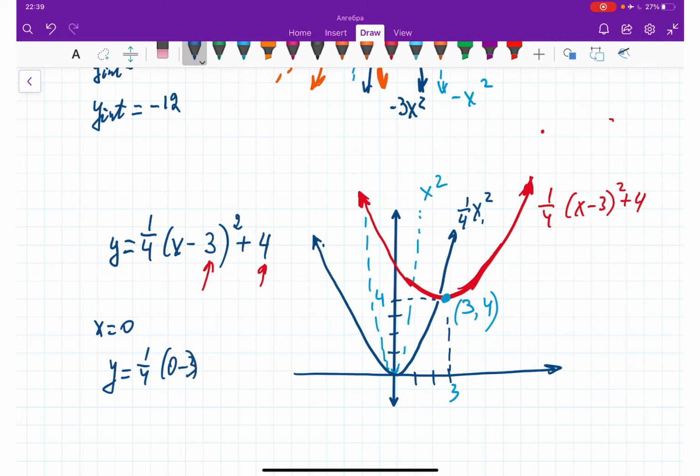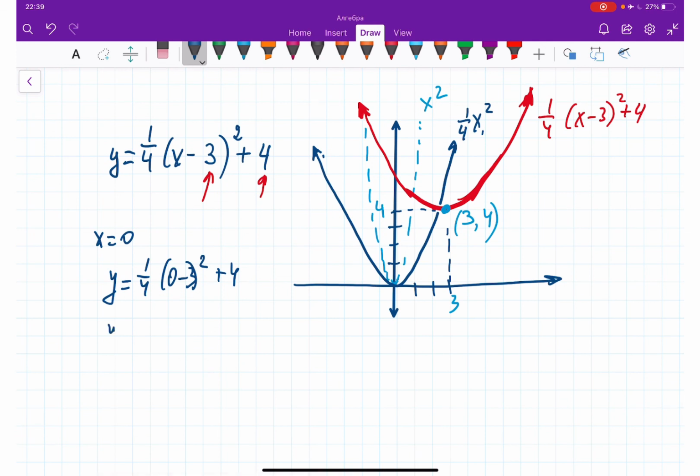(0 minus 3) squared plus 4. Let's figure it out. y is equal to 1/4 times 9 plus 4. So the y-intercept is 9/4 plus 4.